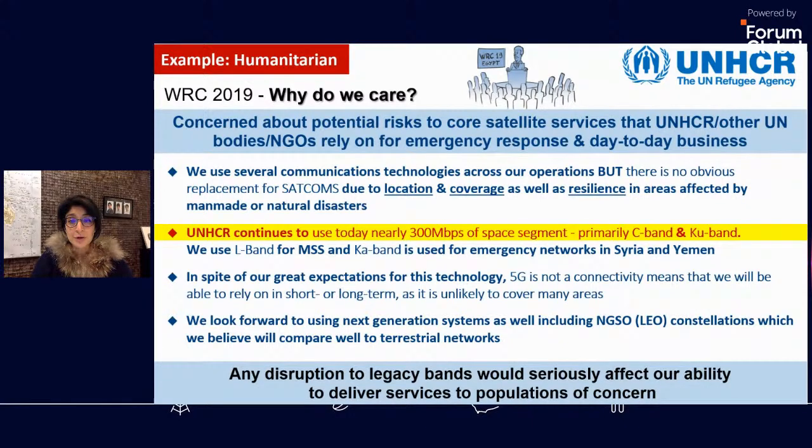I think it's also worth noting that in spite of their great expectations, in the following bullet, they don't expect to be able to rely on 5G either in the short or the long term because of coverage concerns. So they do have real concerns about changes to the way they use these bands. Next slide.